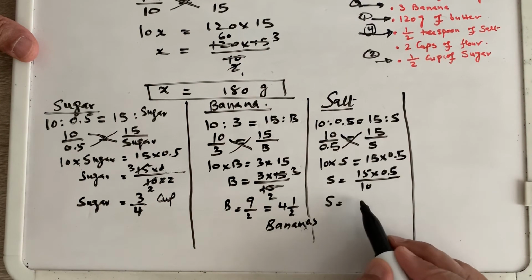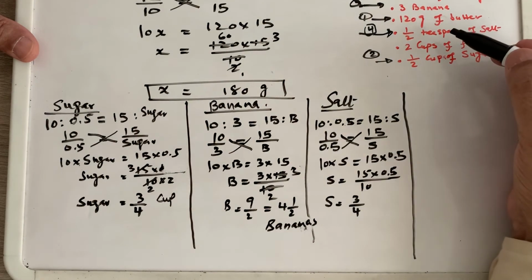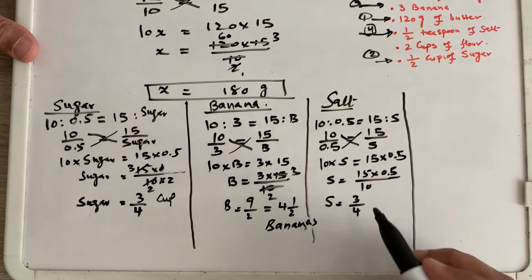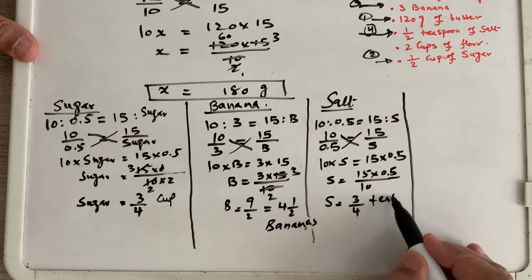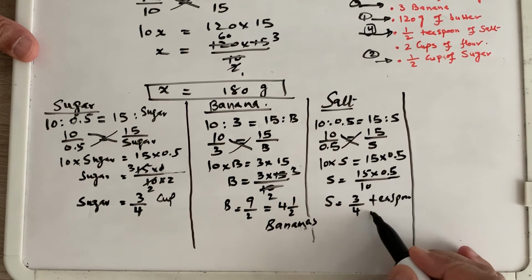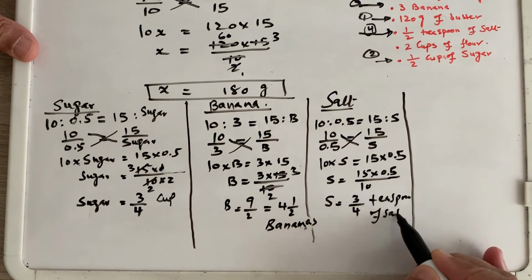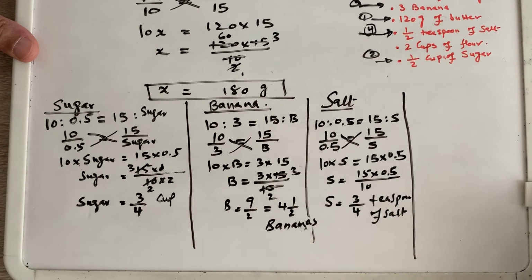And when we calculate it, you will get 3 by 4. So it was half teaspoon of salt, now is 3/4 of teaspoon of salt. So now the recipe is changed because now she want to make the banana bread for 15 serving.